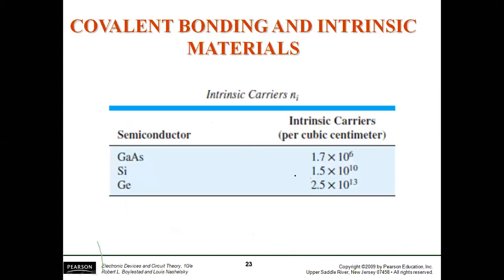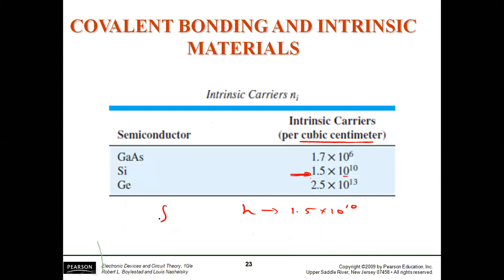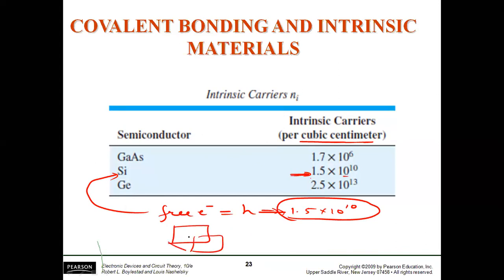The quantity of free electrons is 1.5 into 10 to the power 10, so the number of holes will be the same, 1.5 into 10 to the power 10 per cubic centimeter of silicon crystal. So basically, this cubic crystal should be electrically neutral. Okay, so it is electrically neutral.